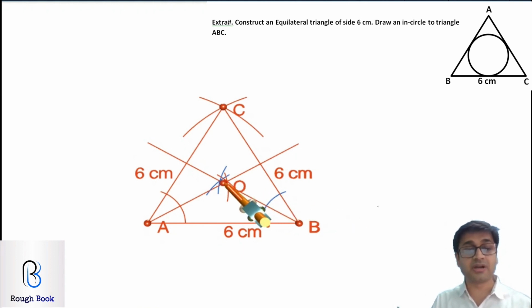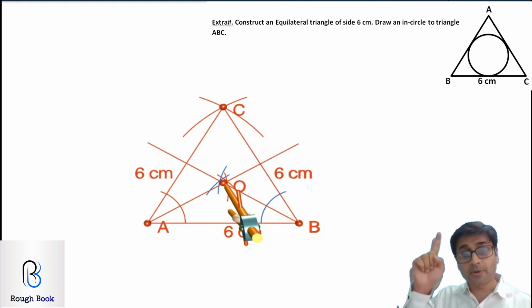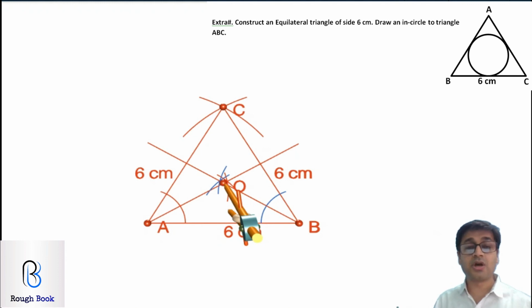So many children I have seen, they keep the compass on O like this and directly draw the incircle, whereby they lose 1 mark. Because whenever an incircle is asked, you are expected to drop a perpendicular down. So how are you going to drop a perpendicular down? Keep your compass on point O, extend it to a suitable radius, and cut an arc on AB, just like this.